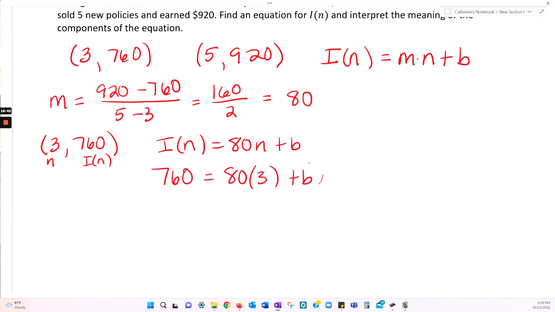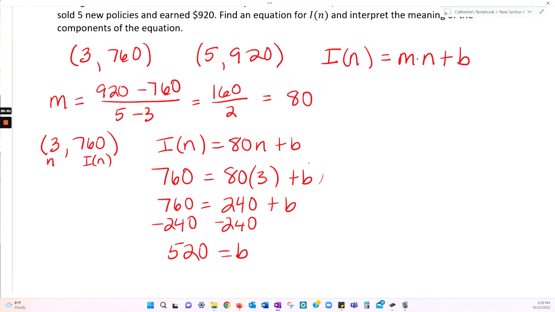Now we can find our b. There are other ways to do this, but this is what I'm doing. 760 is equal to 240 plus b. So subtract 240 from both sides. We get 520 for our b. So our final answer for this formula: I of n is 80n plus 520.